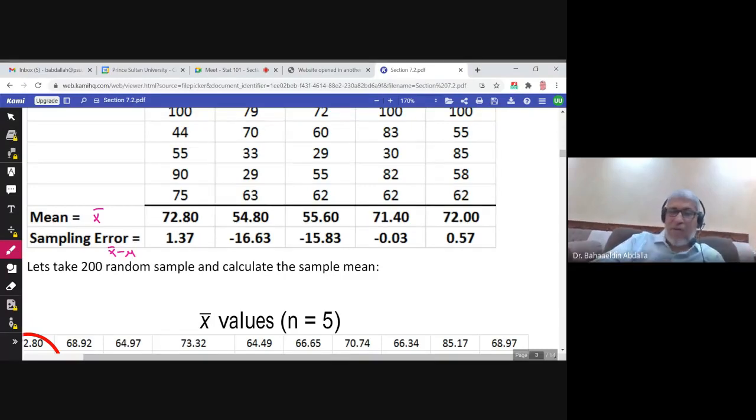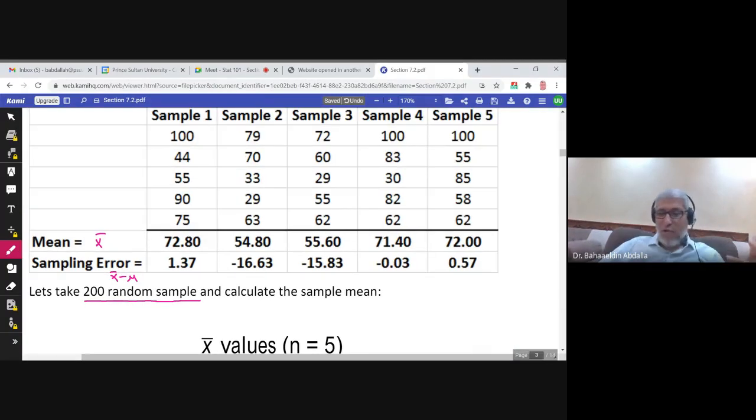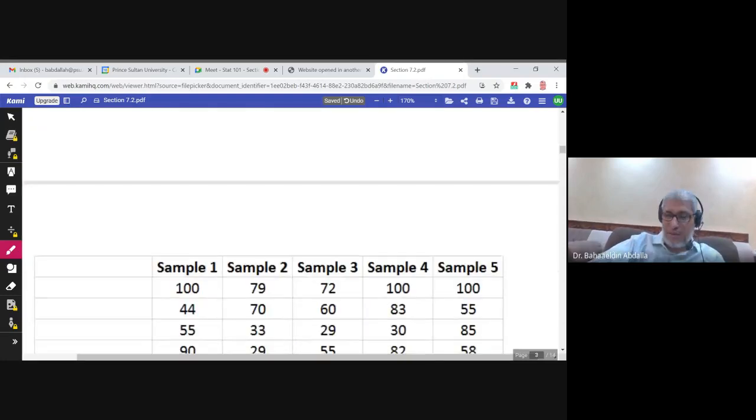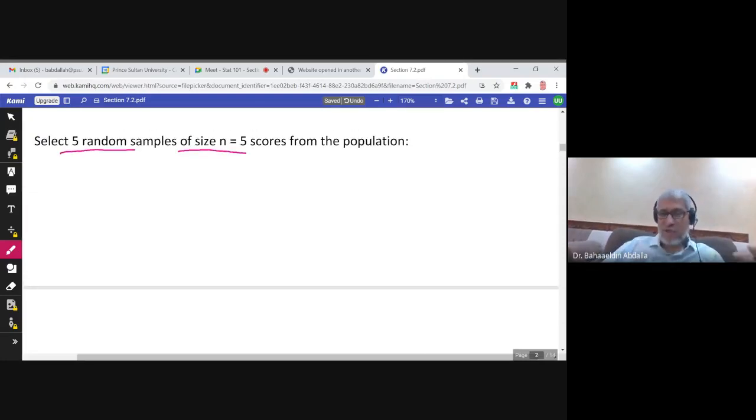All right. Now, what if we choose 200 samples? By the way, how many samples of size 5 can you select from this population? If you remember, we answered this question last time. We have in the population 62 scores.